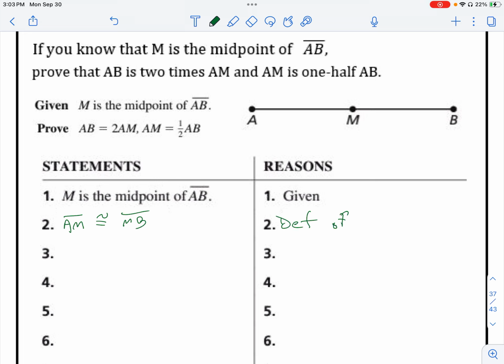That's just the definition of our midpoint. And as we did in the previous one, AM equals MB, because that's the definition of congruence, congruent segments.